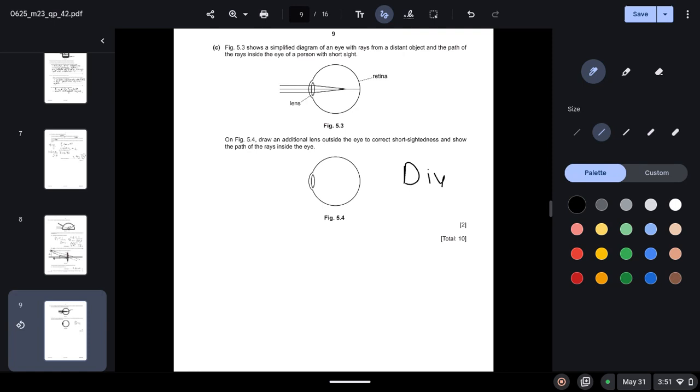So we will place the diverging lens over here. We draw it something like this, and when they pass through the eye, they all converge at this point, at the retina. This is the retina. So this is how you will draw a diagram.